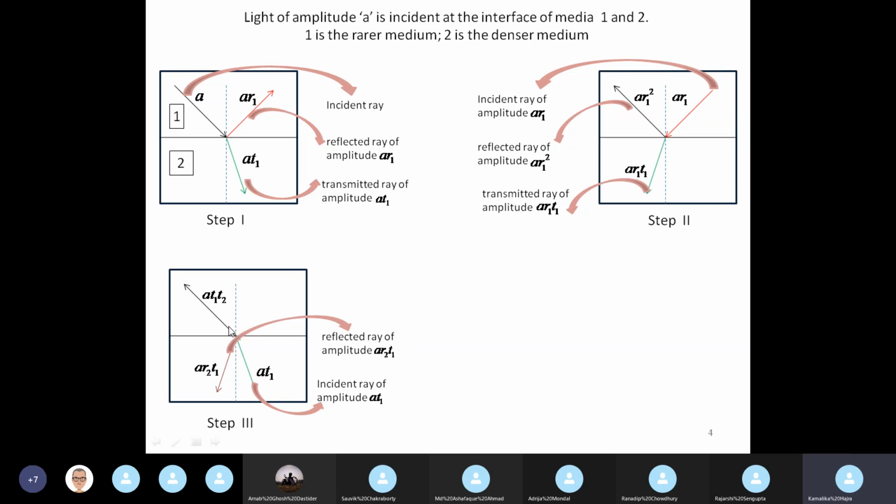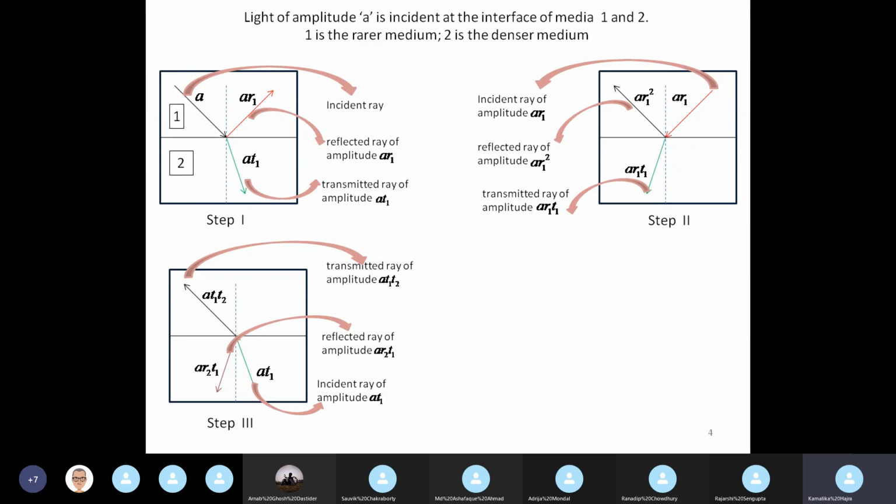And what is the amplitude of the transmitted ray? Now light is traveling from 2 to 1, so I have to consider the transmission coefficient T2. So incident amplitude multiplied by the transmission coefficient of 2 to 1. So AT1 multiplied by T2. So now my transmitted ray is of amplitude AT1T2.